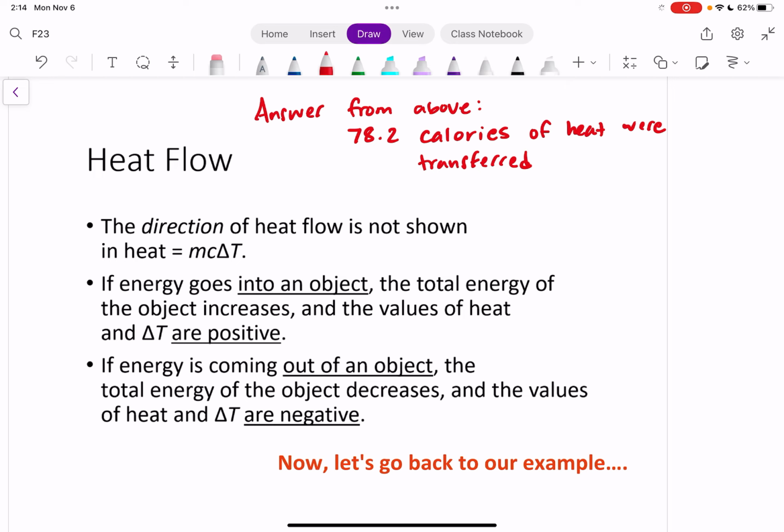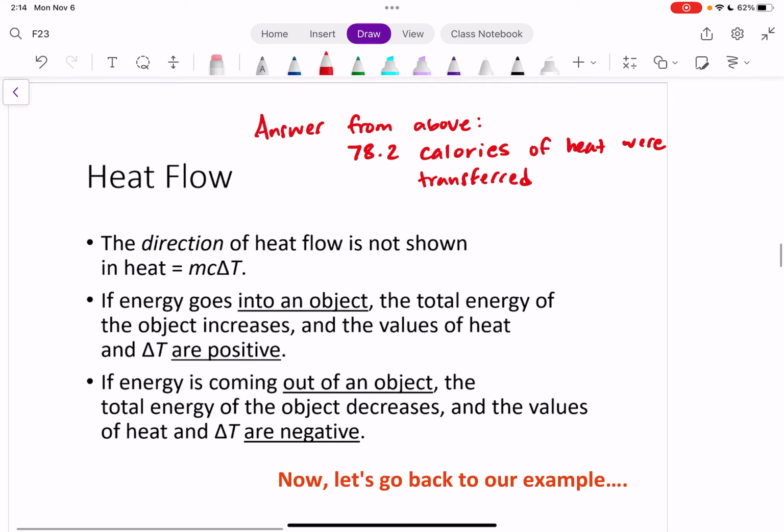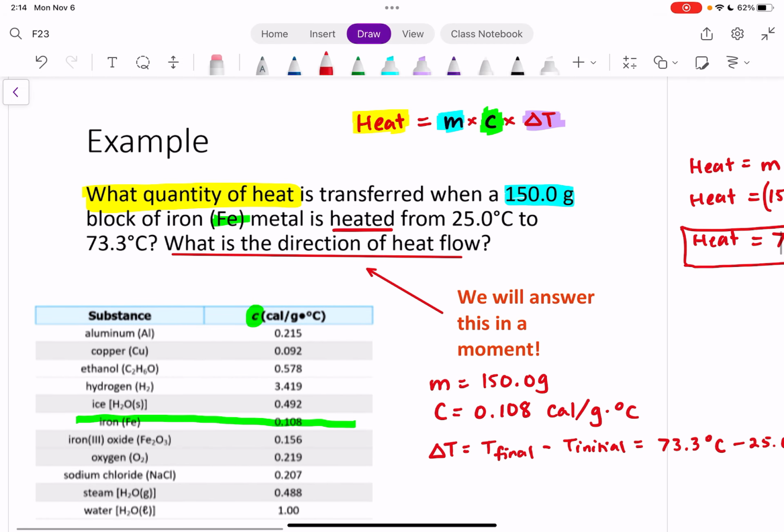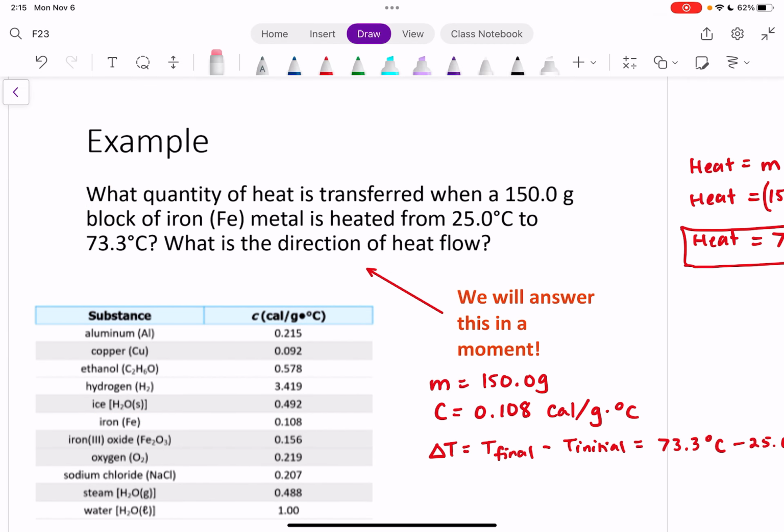This sounds really weird at first, but let's think about it in terms of our above example. Remember that the problem said, what quantity of heat is transferred when this block of metal is heated from 25 degrees Celsius to 73.3? So are we adding heat into our substance or taking it out? Yeah, we're adding it in. We're going from a cold temperature to a hotter temperature.